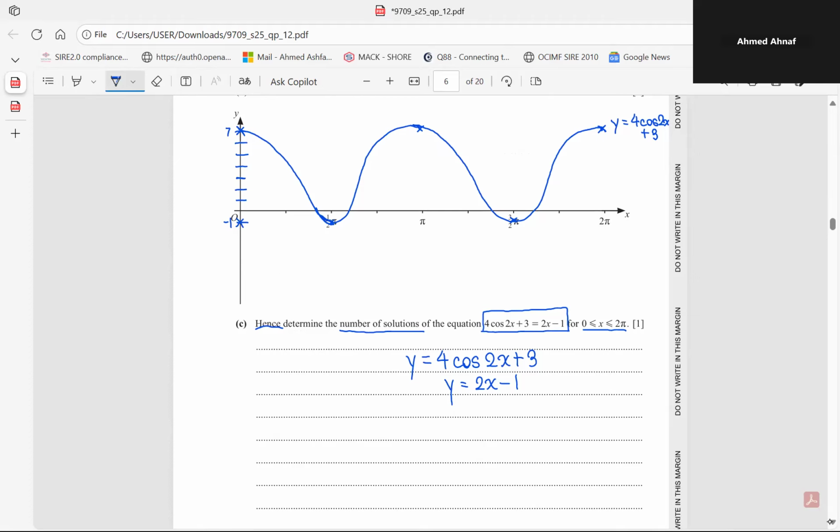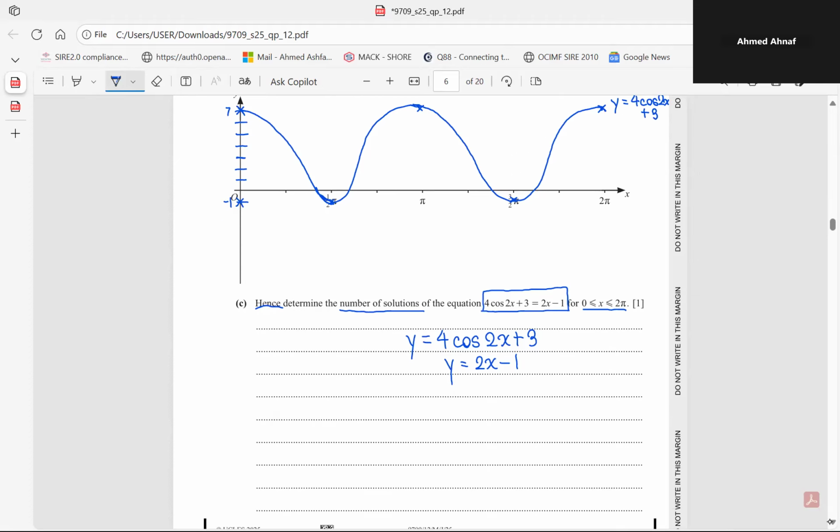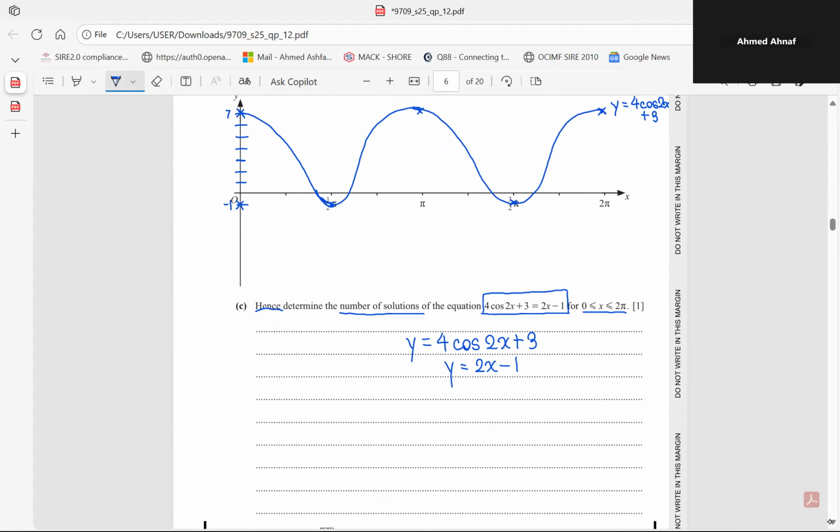Okay, and then substitute x equals pi over 2. You would get pi minus 1, which is 2.14159. So this would be like 1, 2, somewhere here.